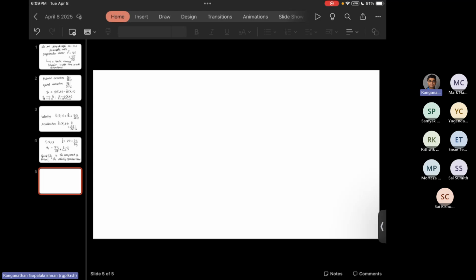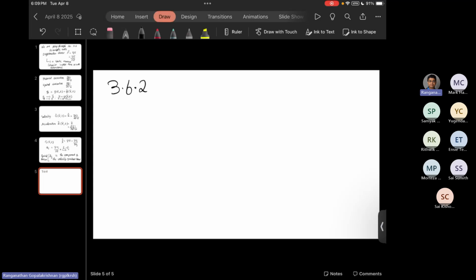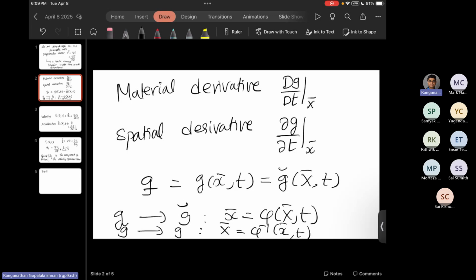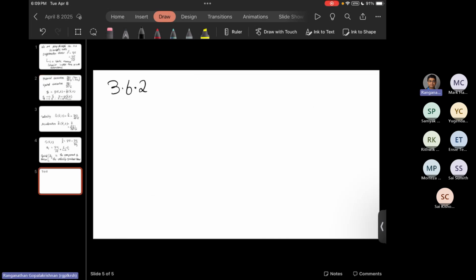So then in section 3.6.2, so whatever I described so far comes under section 3.6.1, and under 3.6.2 we saw rate of change of deformation measures.